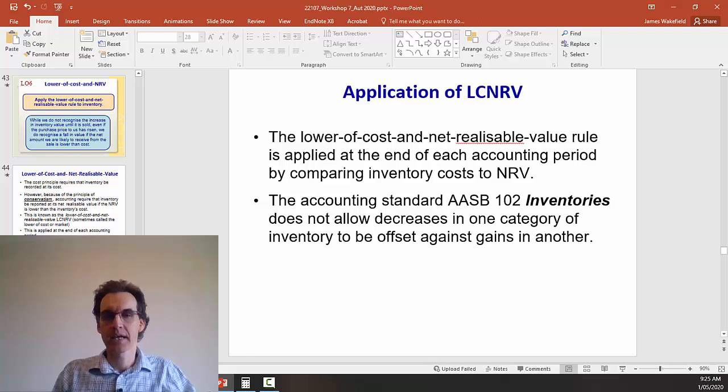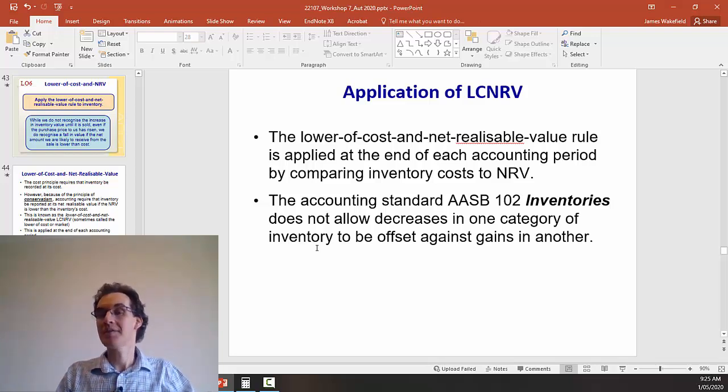It follows an accounting standard: Australian Accounting Standards Board 102 Inventories does not allow decreases in one category to be offset against gains in another. That means that if some inventory items decline in value, then, following this rule, we need to reduce the value of those inventory items.